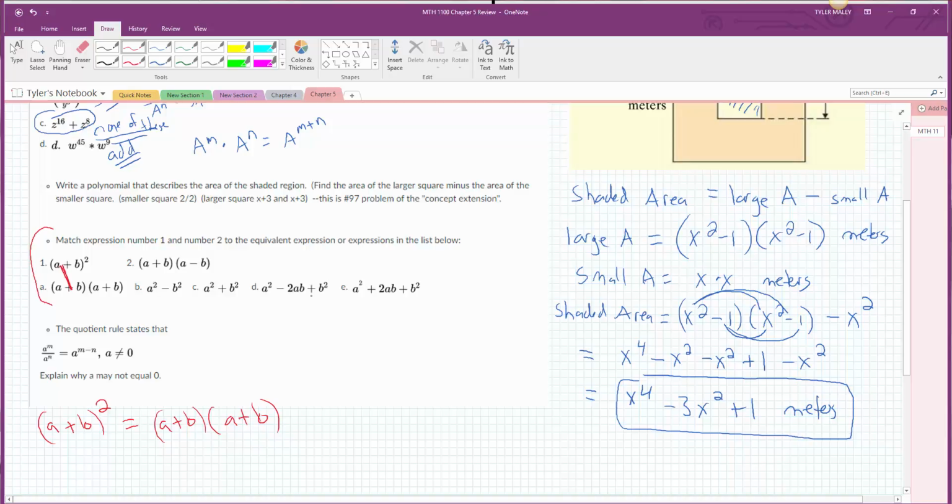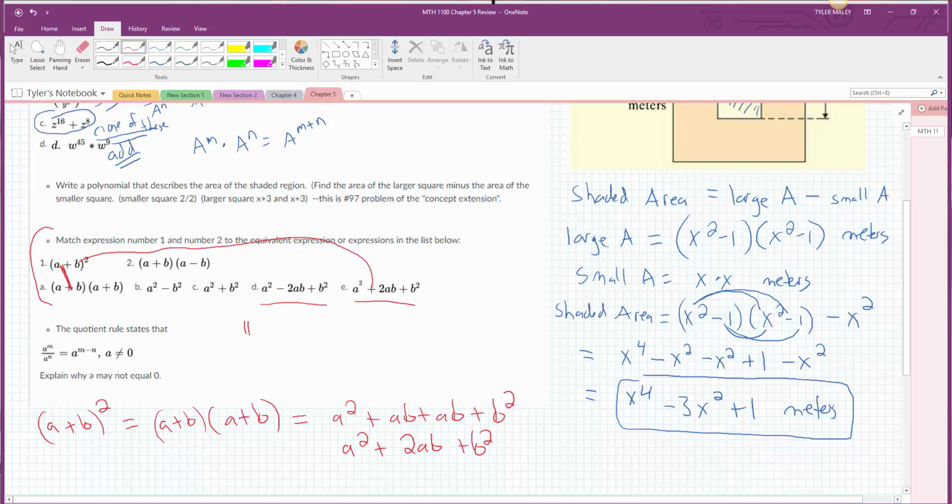And then if you look here and here, right, it looks like maybe these were just multiplied out, right? So let's multiply these out and see what this would equal. So when I multiply this out, I would get a squared plus ab plus ab plus b squared, right? So that gives me a squared plus 2ab plus b squared, right, when I simplify. So part E, right? So I can match part E with number 1.